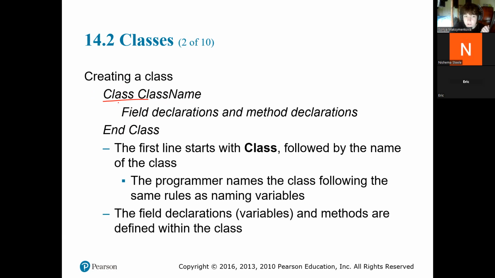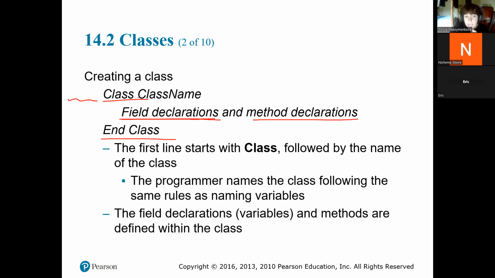For example, in Java, it's just class, but you would have to put public or private, and then the name of your class. And then inside of that class, you would define all of your variables, field declarations. When you see field declaration, it's just variables that you assign to that class. So any of your variables and any of your methods are going to be inside of that class, and then some sort of ending for that class.